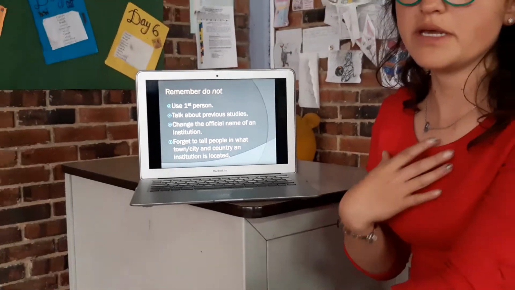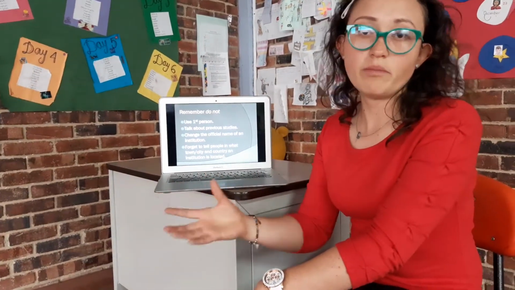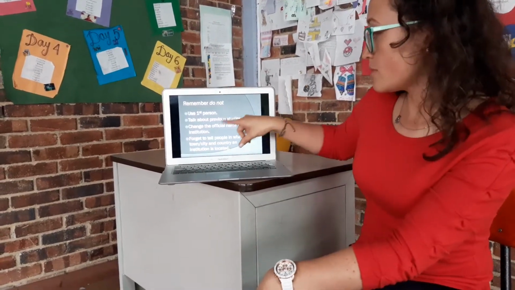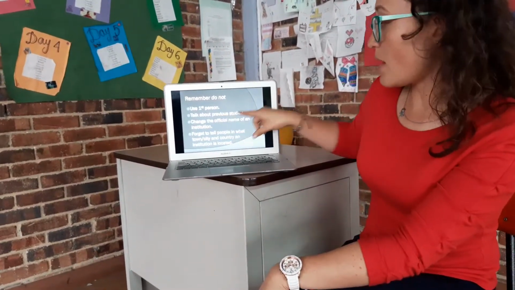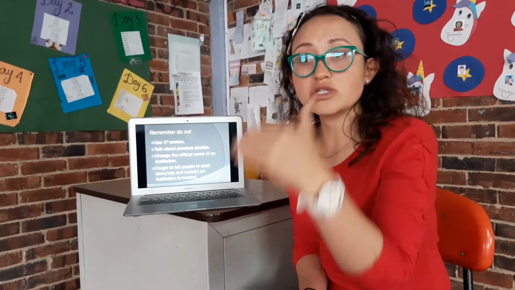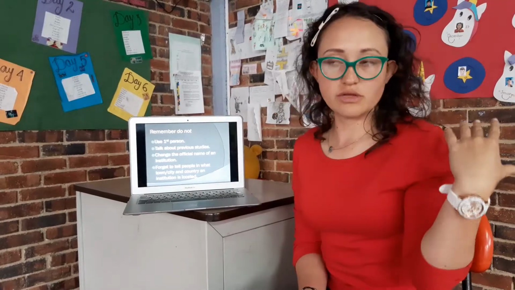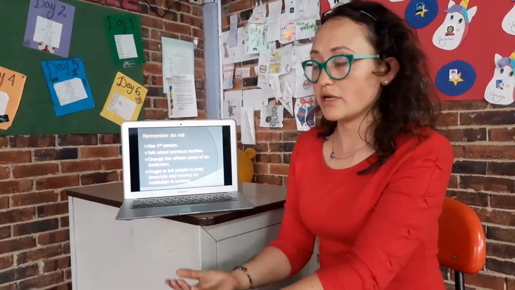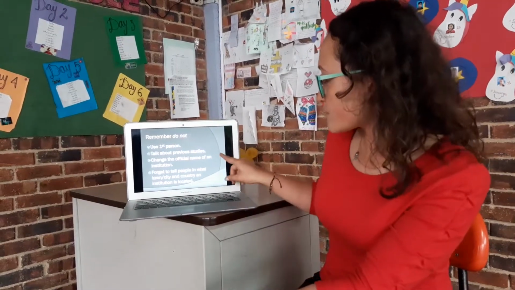For example, me: Laura is a person who, but don't say I am Laura. Yes, it's very important. You can talk about previous studies. The idea is that people can know what you are doing currently and what you did before, but the main idea is that you present what you are working on at this moment.